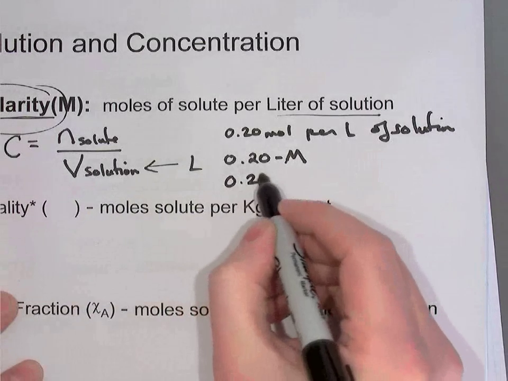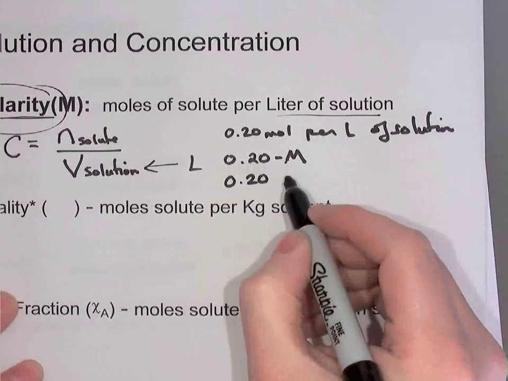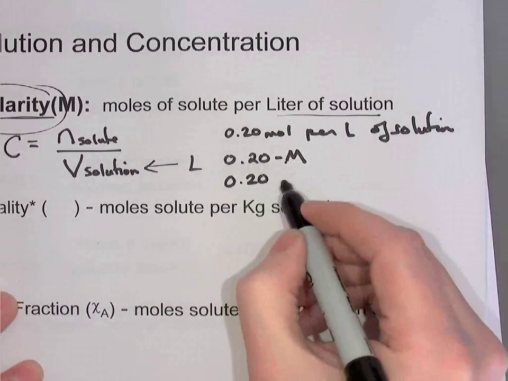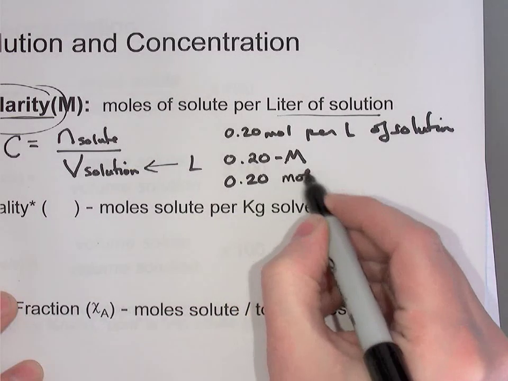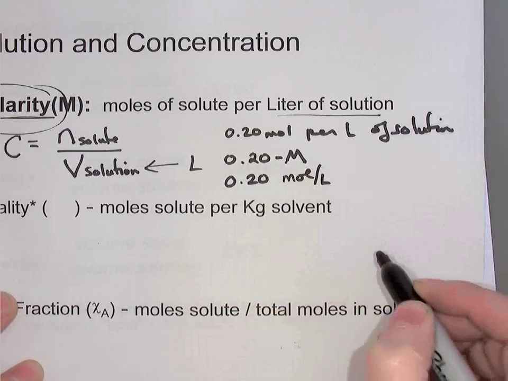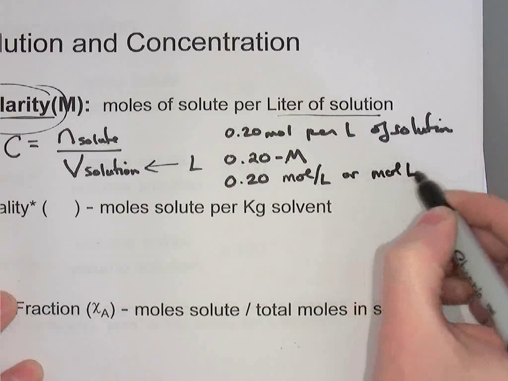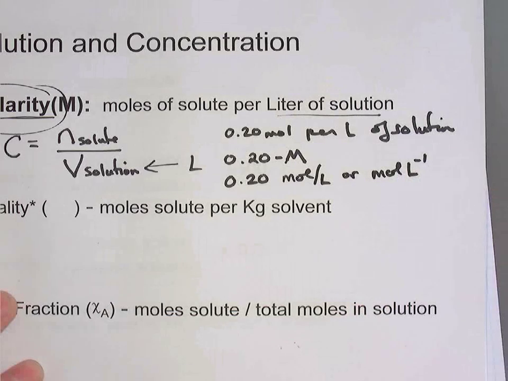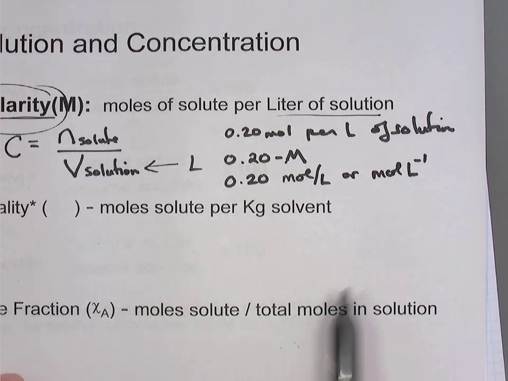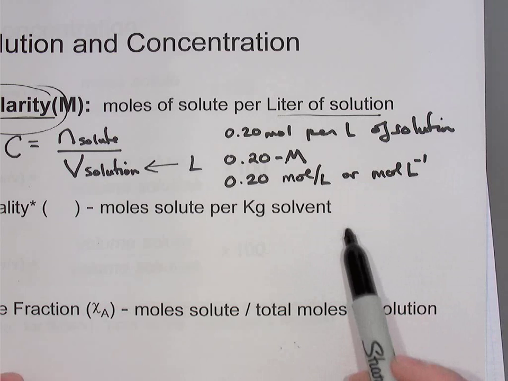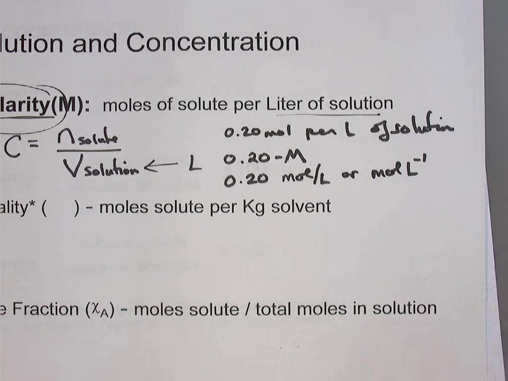However, you can also remind yourself of the definition of molarity by writing out simply 0.20 moles per liter, or what I'll usually write, mol/L, like that. Okay? In algebra class, you know that 1 over x is the same thing as x to the minus 1. Therefore, moles over liters is the same as mol L^-1.